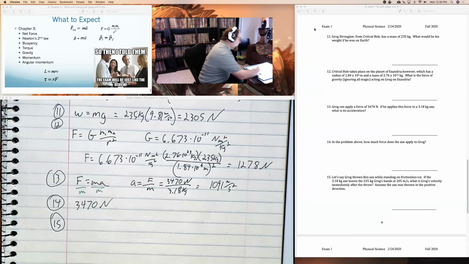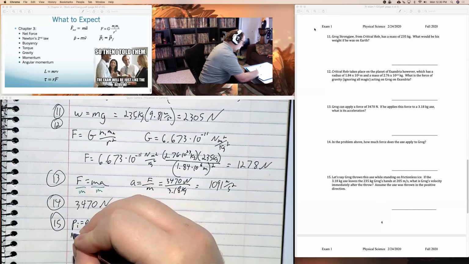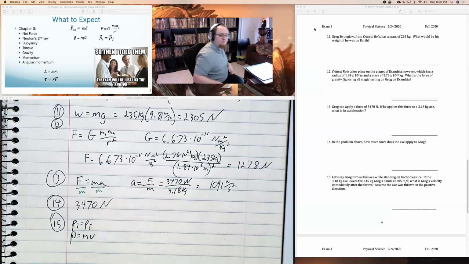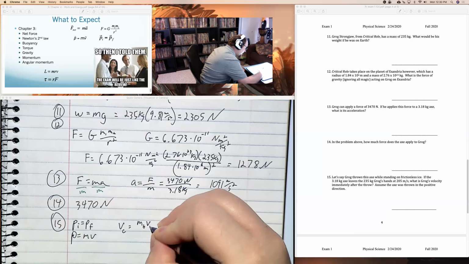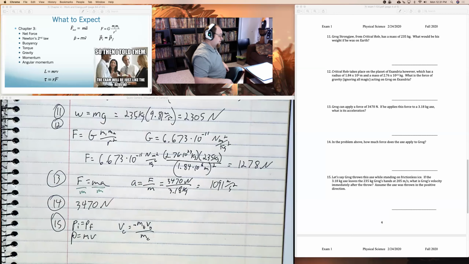I could solve for recoil by saying conservation of momentum, where momentum is mv, or I could just jump straight to the recoil equation I gave in class. In class, I said that the velocity of a cannon is negative the mass of the bullet times the velocity of the bullet over the mass of the cannon. We don't have a cannon and a bullet. We got a Goliath throwing an axe.